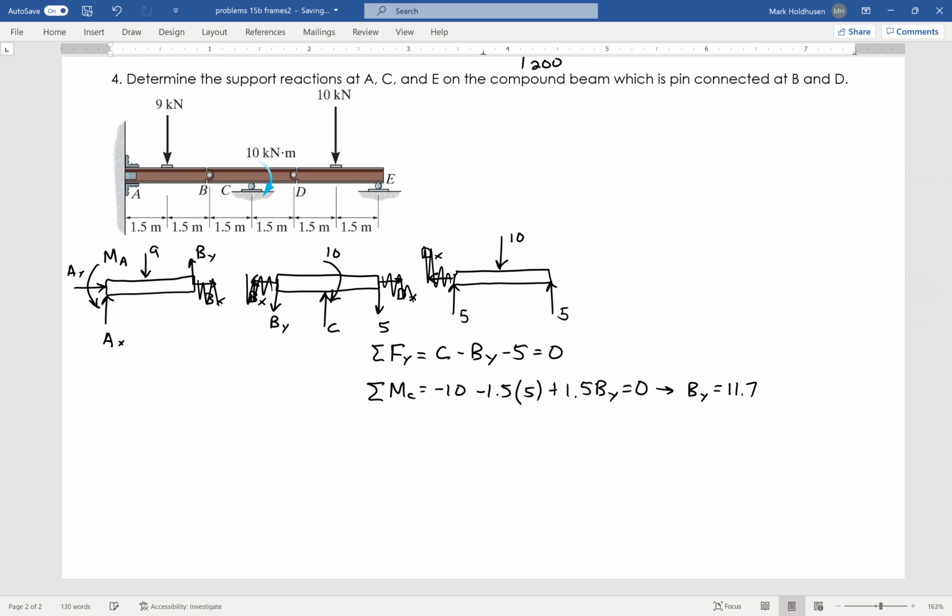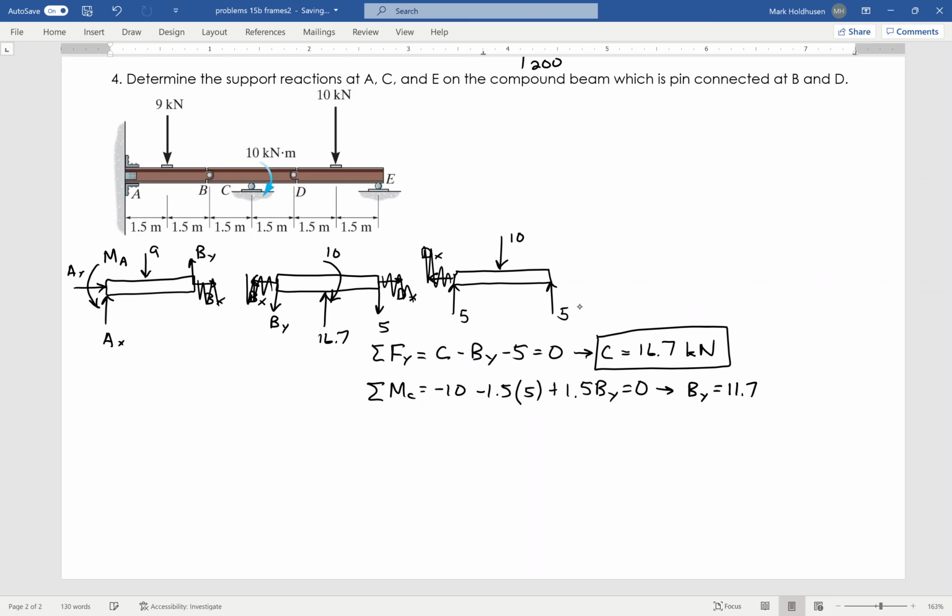From that, I find BY equals 11.7. Plugging that in up here, I find that C equals 16.7. So this C then becomes 16.7. Well, that is a bad decimal point. Let me try that again. 16.7. That's going to be kilonewtons. That's an answer, so I should probably box that in there.